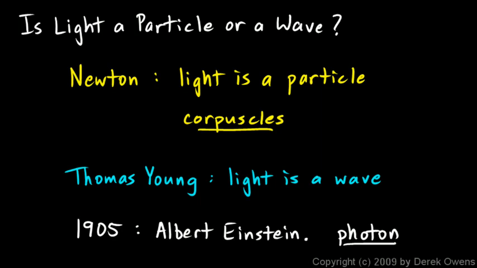But what we have here is a situation that is just absolutely extraordinary. We have the entire scientific community globally firmly convinced of one idea, that light is a wave. And there's basically only two people saying that light's a particle. But those two people happen to be Isaac Newton and Albert Einstein, the two greatest physicists who have ever lived.